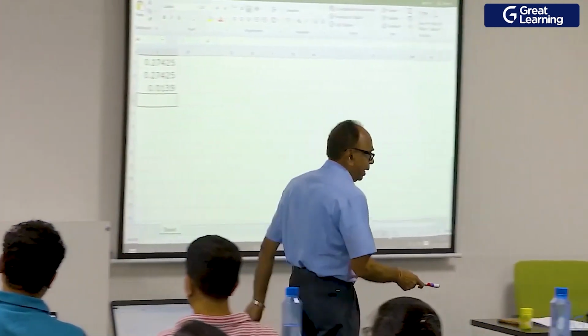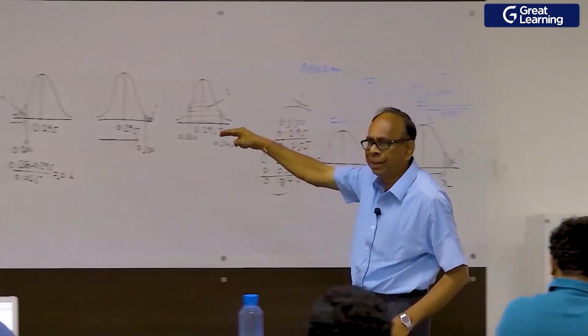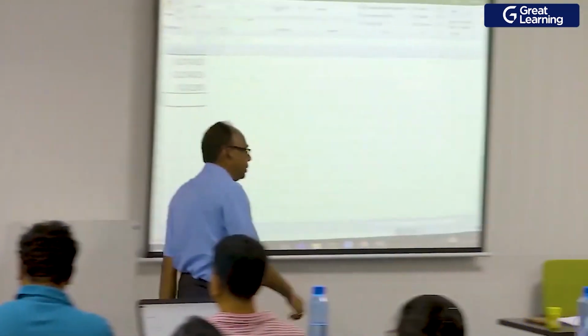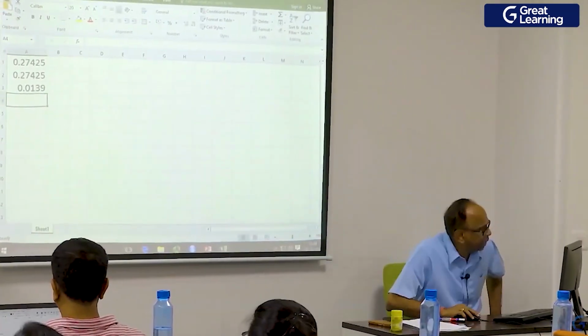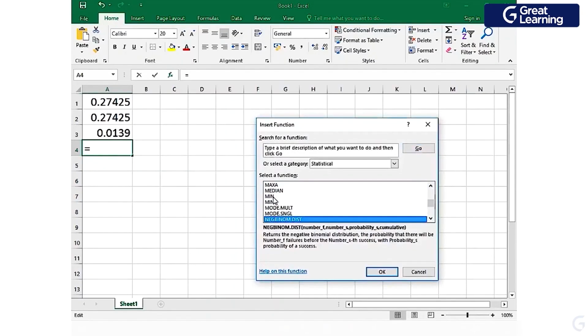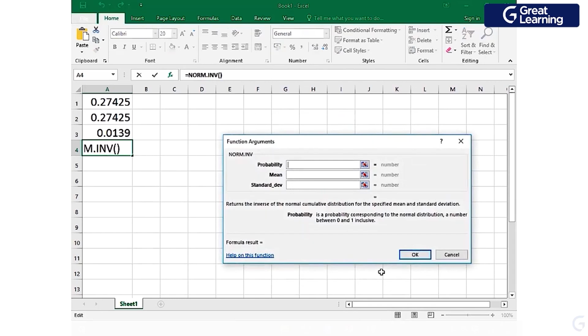NORM.INV is available in Excel. When I say 80% of the packs would have got this weight, 20% would have got less weight. So you simply put here the NORM.INV function in Excel. NORM.S.INV I will tell you next time when I come. So NORM.INV, probability: you want 0.2. I cannot put 0.8, it is cumulative, less than weight. 80% would have exceeded, that means 20% would have got less, 0.2.